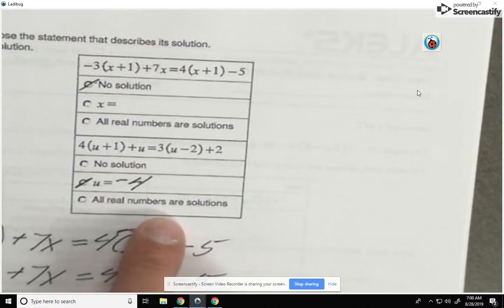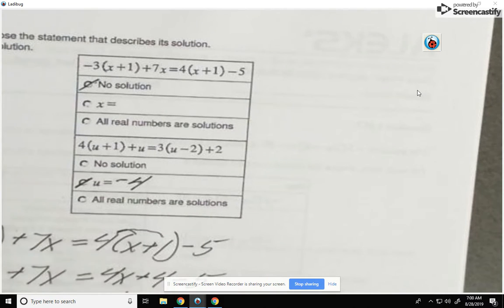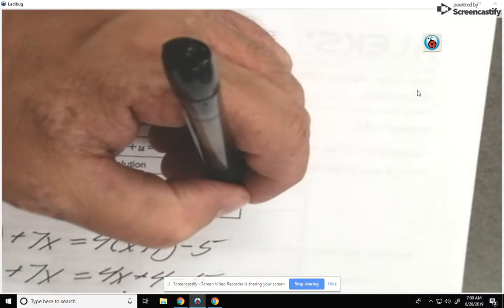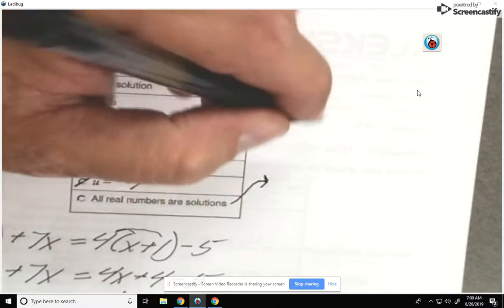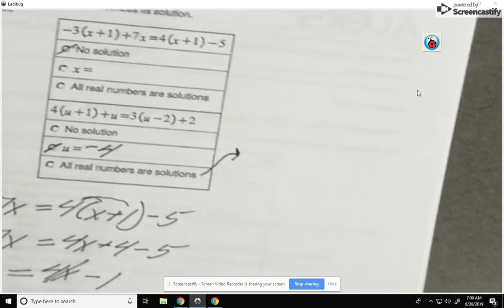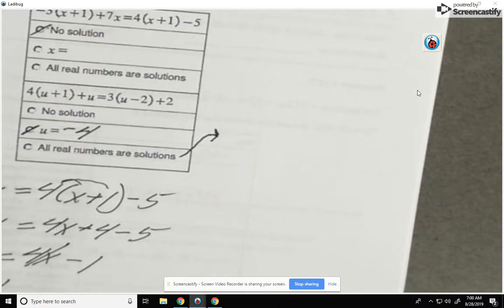Now, the thing we haven't touched on yet is a situation where we have all real numbers. That's going to happen if, as you're solving the equation, your left and right side look identical. That's where you'll have all real solutions.